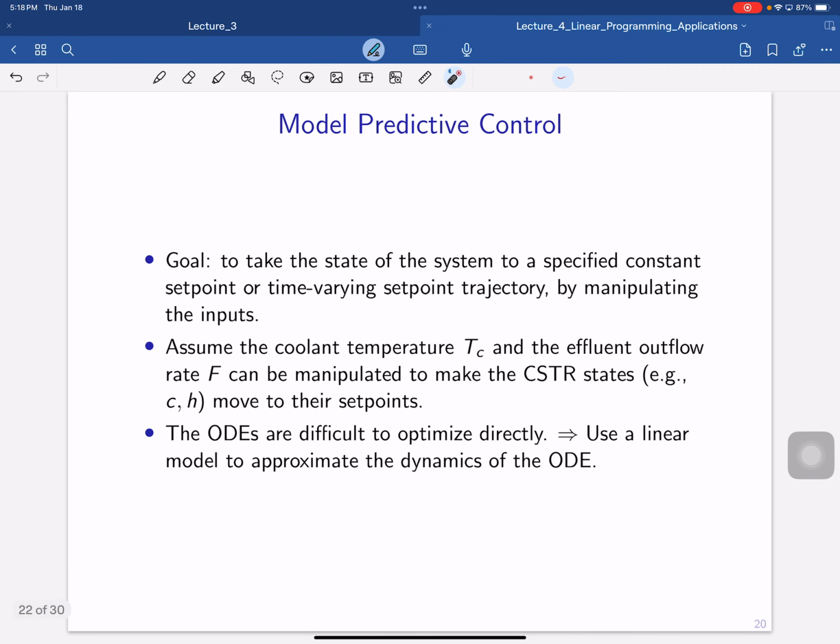So that is an area called model predictive control in control theory. We are not going to go into the details of model predictive control because this is not a control class. If you are into the details of control, there will be a whole semester-long class just talking about model predictive control. This is just to give you some flavor of how control works. Okay.